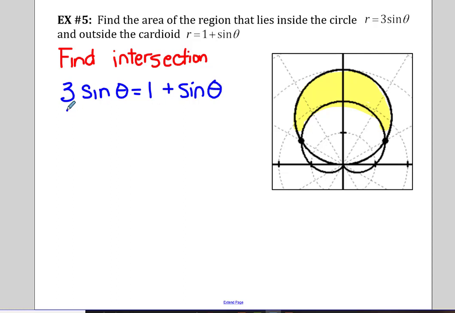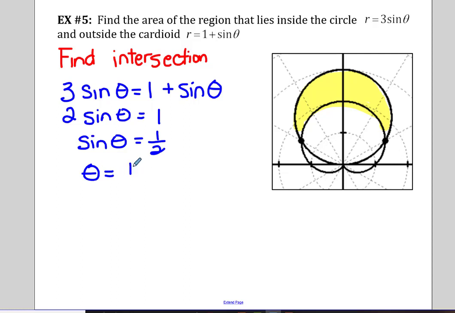So collecting like terms, we have 2 sine of theta equals 1. So sine of theta would be 1/2, and sine of theta is 1/2 at pi over 6, and at 5 pi over 6. Now, if you look at the graph, you can see that this one is our pi over 6, and this one is our 5 pi over 6.